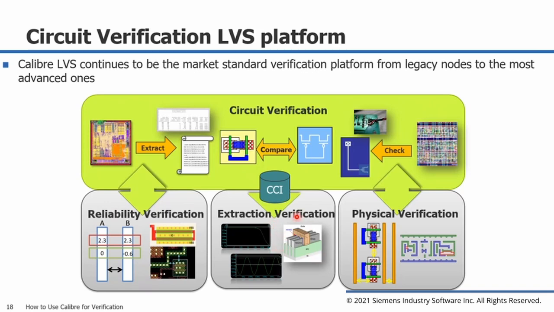It doesn't have to be Calibre tools. It does have this Calibre connectivity interface, which is useful to connect other tools as well. And here you can do normal physical verification, which includes ERC.